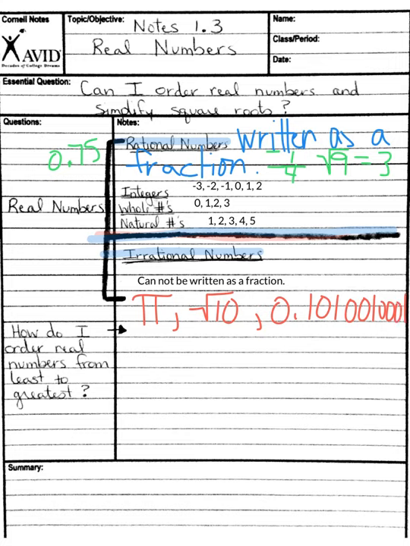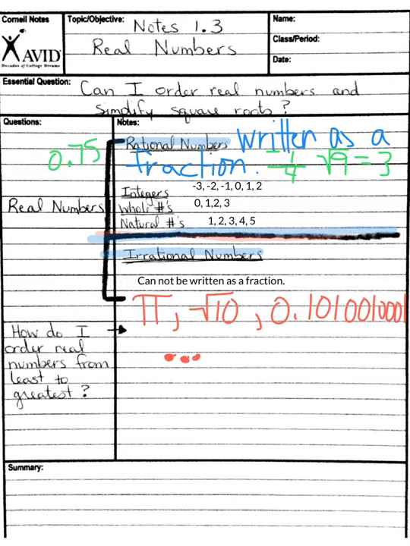I'm well aware that there is a pattern, but if you have an irrational number, it cannot be written as a fraction, so it is going to go on forever, meaning you'll probably see the 3 dots at the end of it, and there is nothing that repeats.